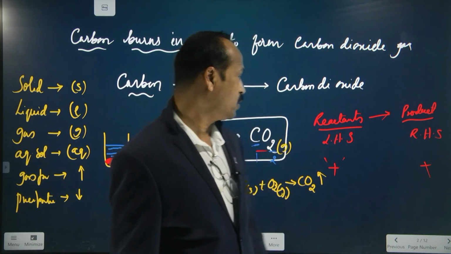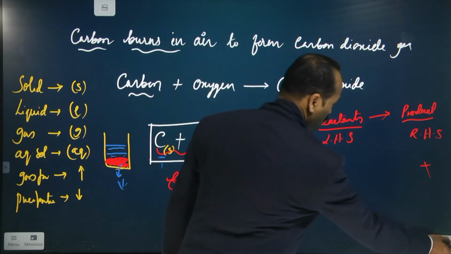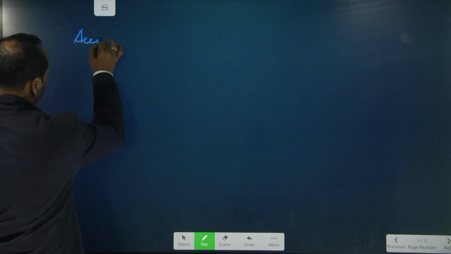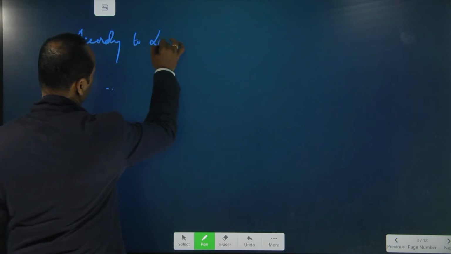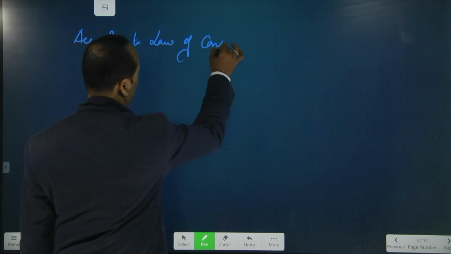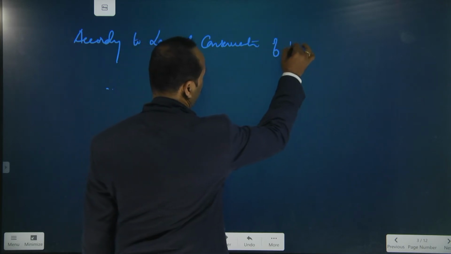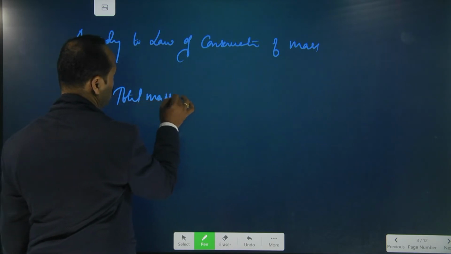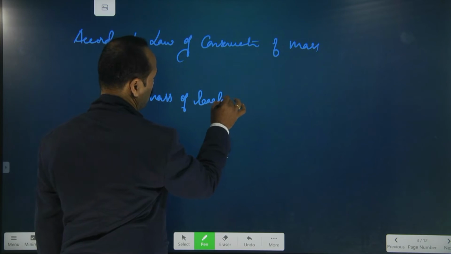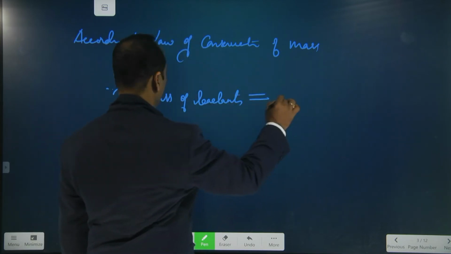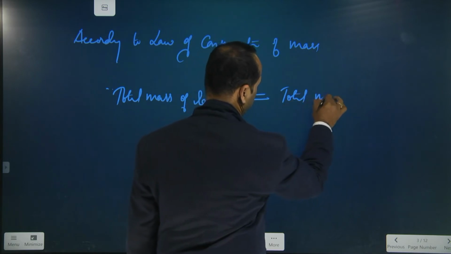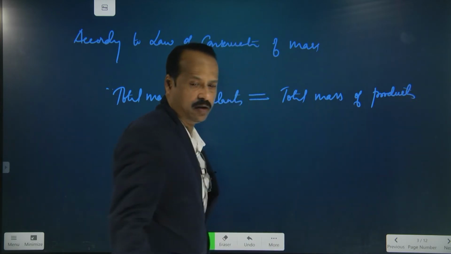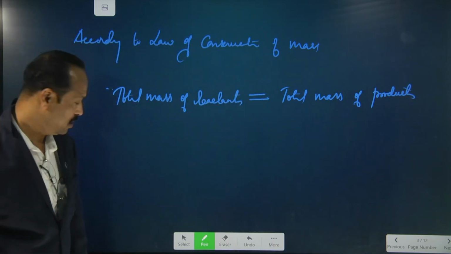Right. So according to the law of conservation of mass, which we already discussed, the total mass of reactants should be equal to the total mass of the products, because mass can neither be created nor destroyed.